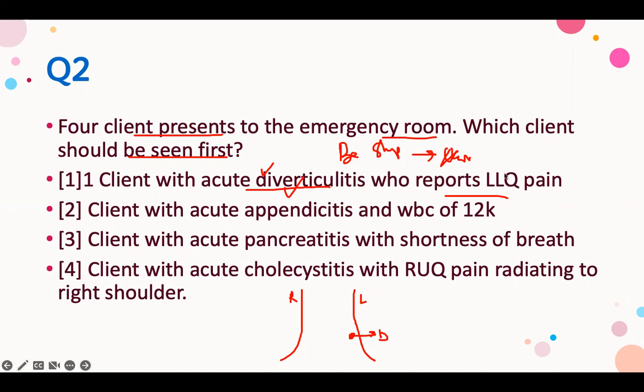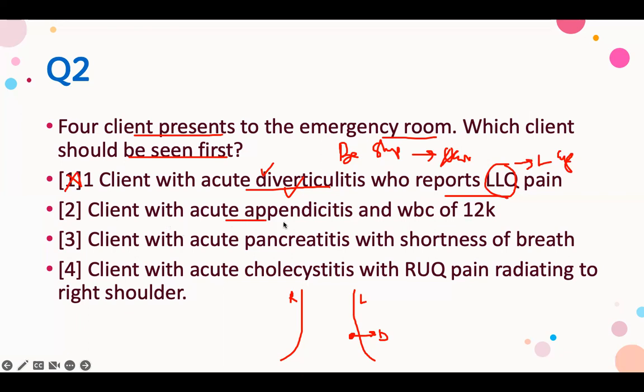I'm not worried about that patient, so I'm not seeing you first. You just have pain. This pain is not going to cause a life-threatening problem because there's no evidence of shock. It's just pain. I will see you, you are a priority because you came into the emergency room, but I'm looking for the first person I need to see first.